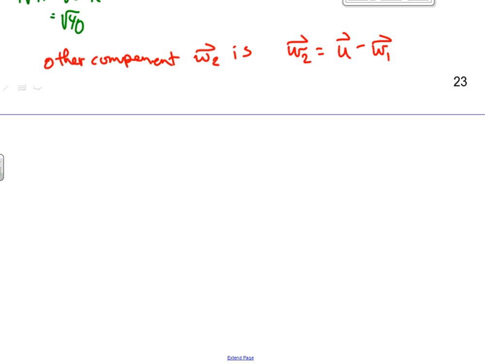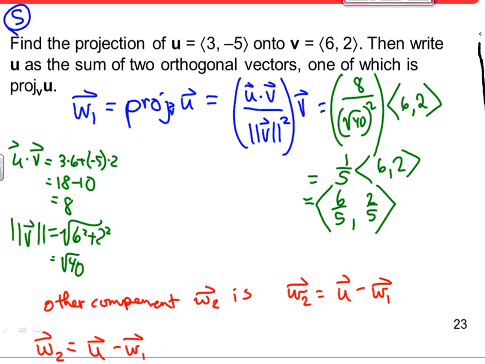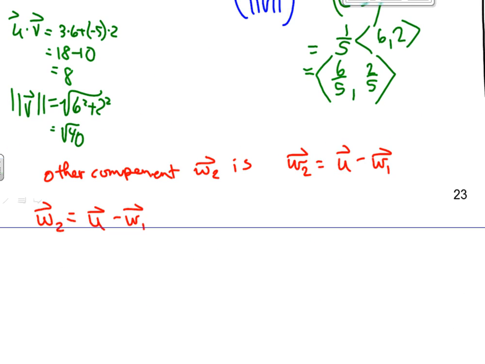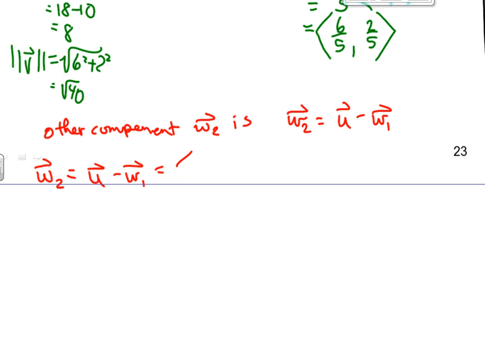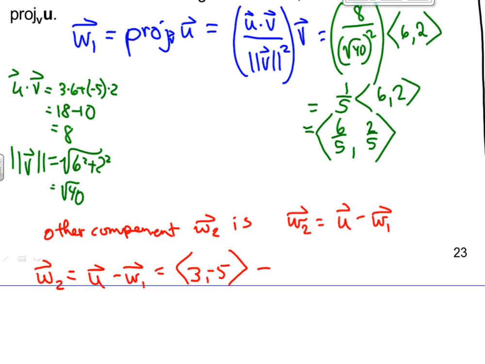So I'll write that again here. W2 is U minus W1, and U is (3, -5), minus W1, which was right here, (6/5, 2/5).